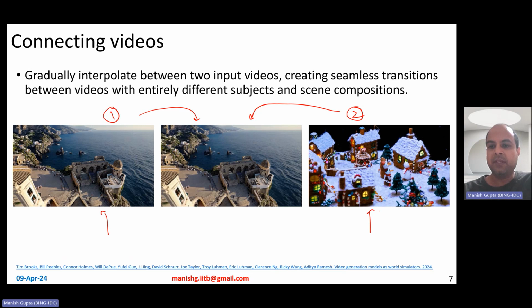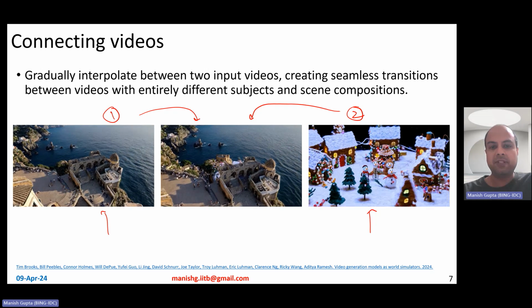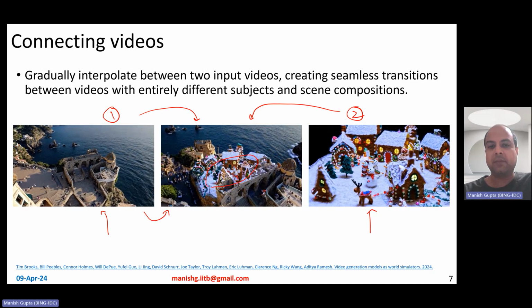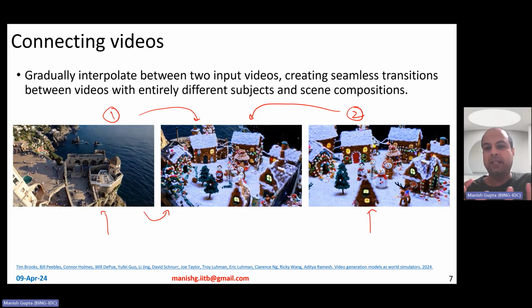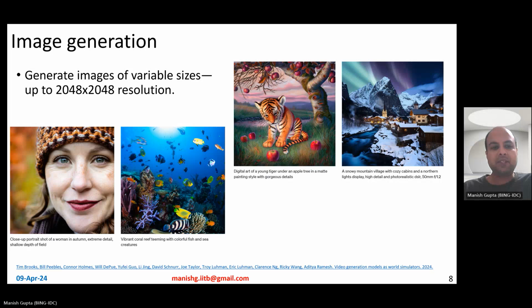This is more like a painting or animation kind of stuff, and you will see how this video transitions nicely. So as you see, this video has started with almost copying the left side, but then slowly you see these kinds of things appearing, and then slowly it completely becomes very much like the second video. Of course, you can do image generation, high quality images using Sora with simple, nice prompts written out in text.